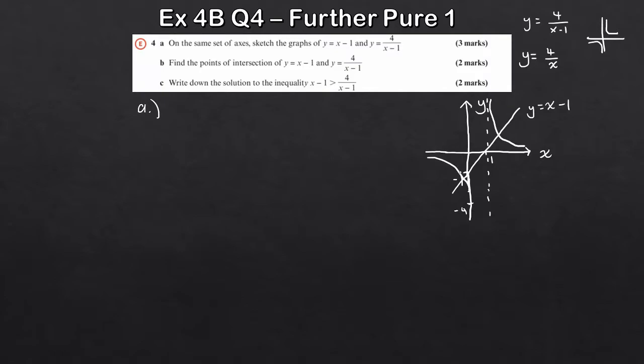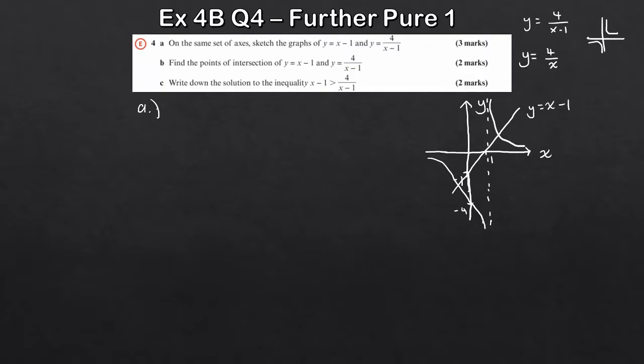That was terrible, let's redo that. Something like that, and again it goes along down the asymptote. My graph is pretty bad, but it's roughly what it should look like. If you draw it neatly, yours should look a lot better than mine.